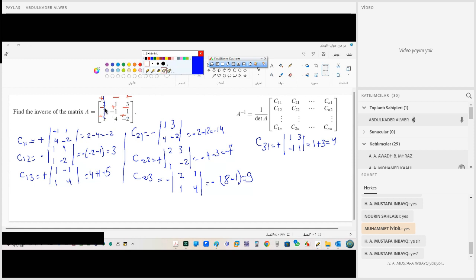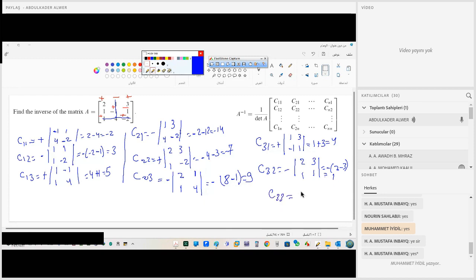But take the method. Cancel this. C32 is negative. It's 2, 1, 3, 1. A little bit you need to take care. 2, 1, it is minus 2, minus 3, it is minus 2, minus, it's minus 1, it's 1.